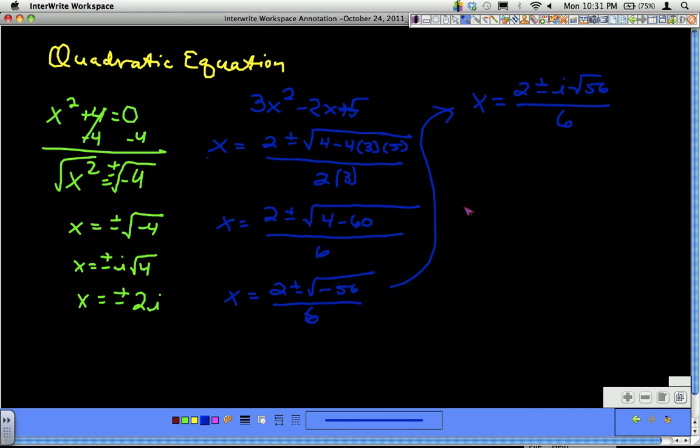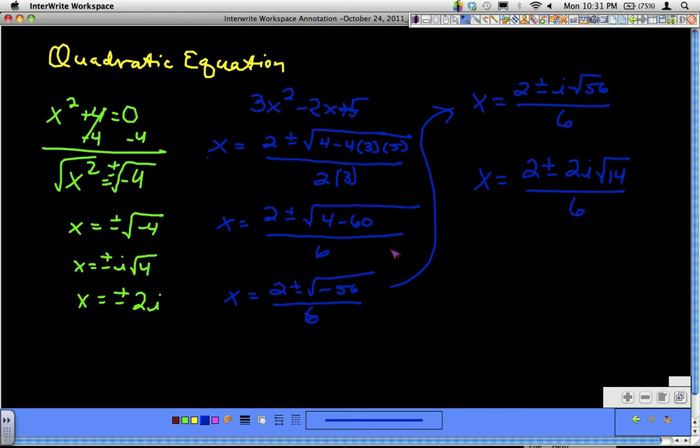And then that square root of 56, you can do the tree or the repeated division or whatever way you want to do that, but just to save time here for you, we'll pull that out. And that's just going to be 2 times square root of 14. So the 2 times the i that's already there, square root of 14 all over 6. So nothing magical there. I just saved you this trip of doing the tree with the 56 and jumped right to the answer.